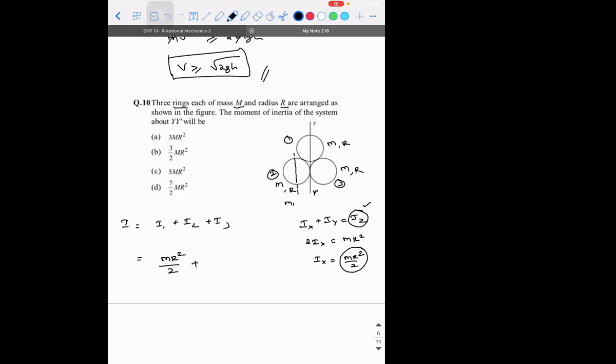That is mr square by 2. So if you apply parallel axis theorem, how much will be the moment of inertia about y dash? It will be mr square by 2 plus mr square. Accepted? That is the moment of inertia about an axis through the center of mass, which is mr square by 2, plus m into distance square between both the points. The same is the case with I3 also.